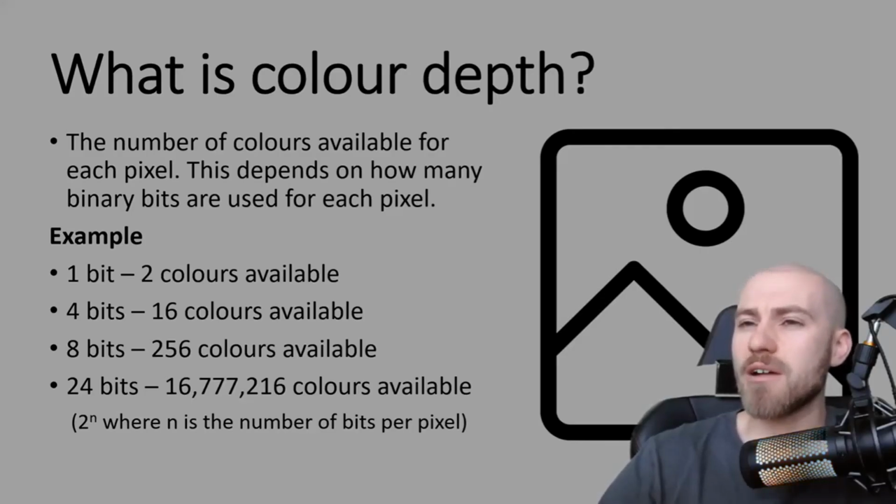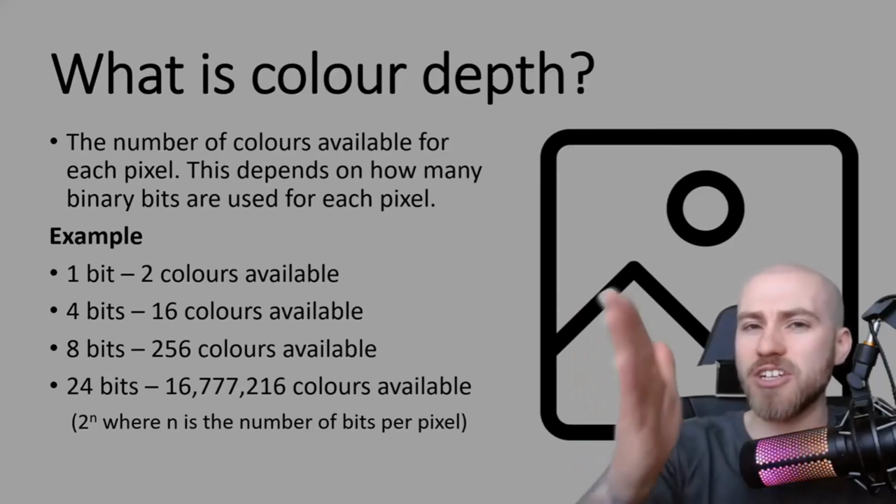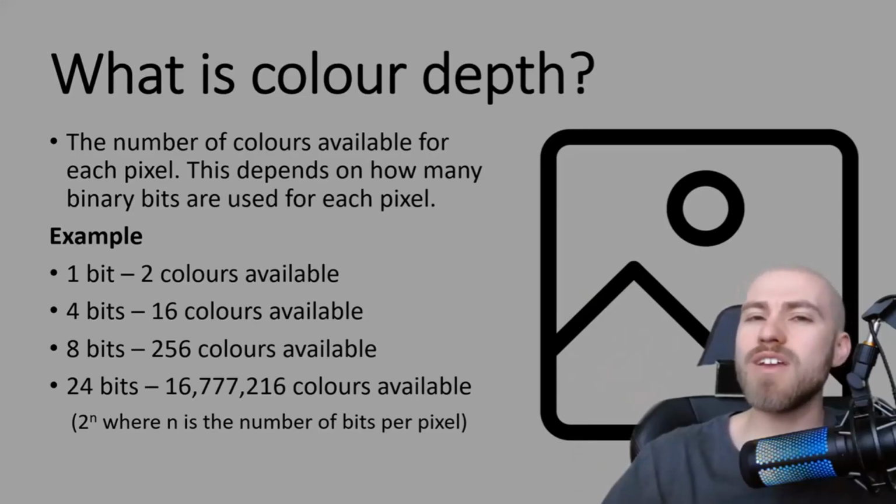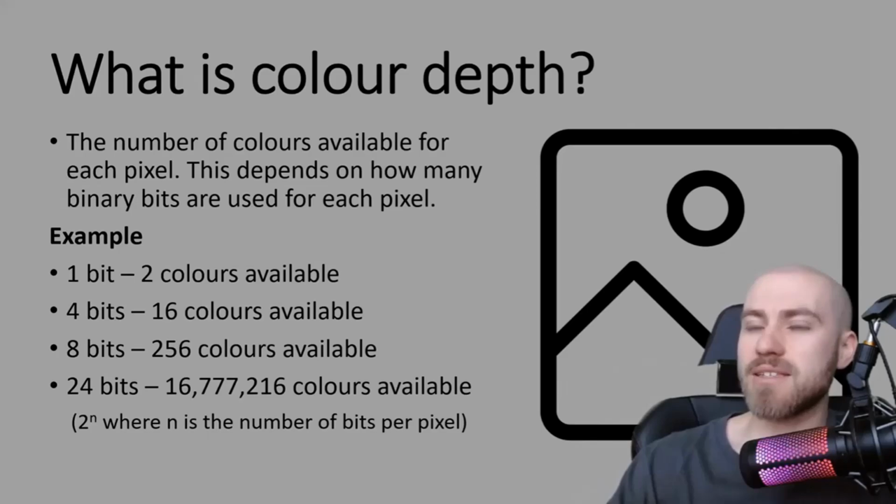The other way of working it out is if you had a 1 in every single position of our conversion chart and added it all up together, it would give you 255, but then there's the null value as well if they were all zeros, which means in total we've got 256 colours available with 8 bits. So that means that each pixel could be one of those 256 colours. But if we then use 24 bits, because there's so many colours available, that means that the overall file size of the image is going to be much larger.